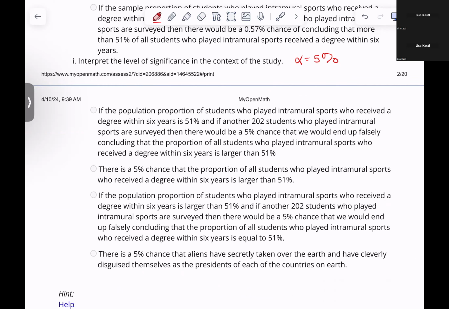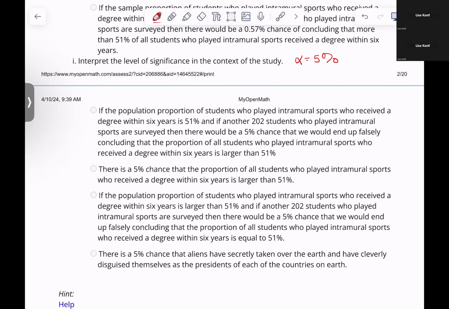If the population proportion of students who played intramural sports who received degree within 6 years is 51%, that's the status quo. And another 202 students who played intramural sports are surveyed, then there would be a 5% chance that we would end up falsely concluding that the proportion of all students who played intramural sports who received degree within 6 years is larger than.